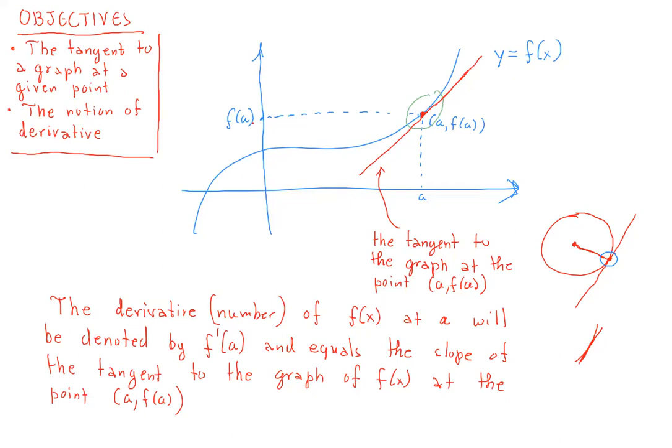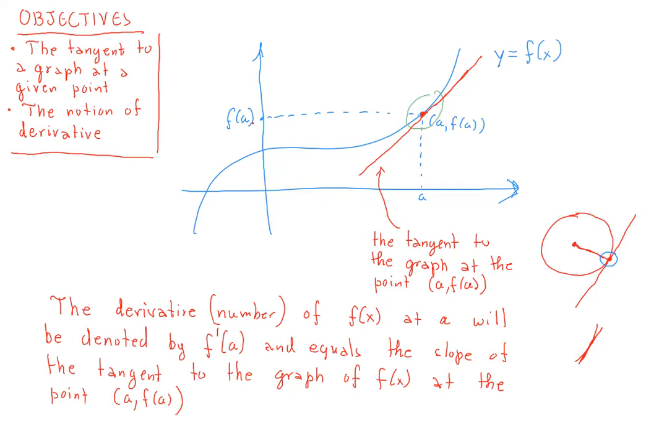Let's now take a look at the equation itself. By using the point slope formula, we can find the equation of the tangent.